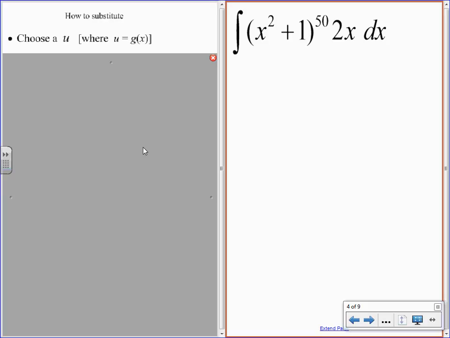So what's the inside of the composition here? Okay, so x squared plus 1 is inside of something to the 50th power. First of all, we don't want to multiply this binomial 50 times to do the integration. So we're instead going to let u be x squared plus 1.